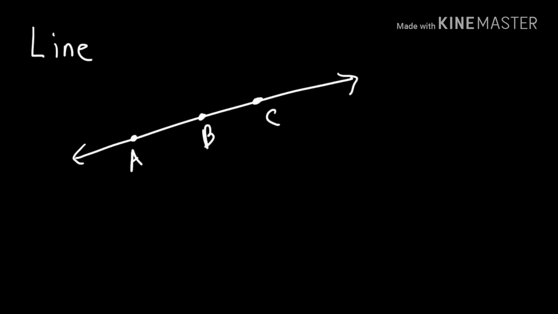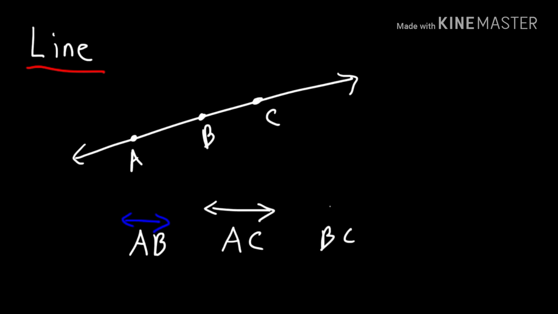Now, you need to be able to name this particular line. So you can call it line AB, and for lines, you need to have both arrows to show that they extend in both directions.